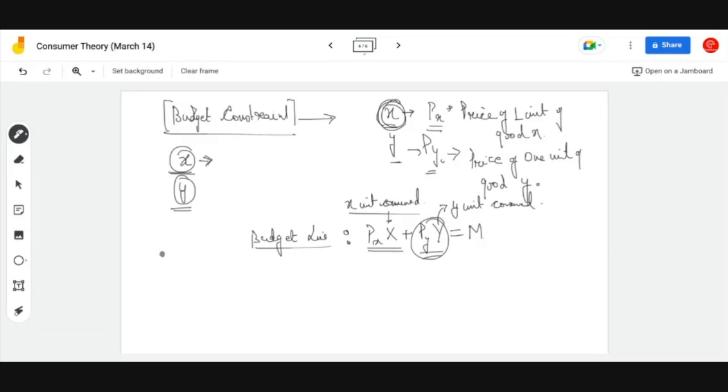So let's say that you want to buy a pen and a notebook. Let's say X is your pen and the price of a pen is rupees 10. Similarly, let's say Y is your notebook and the price of a notebook is rupees 100.